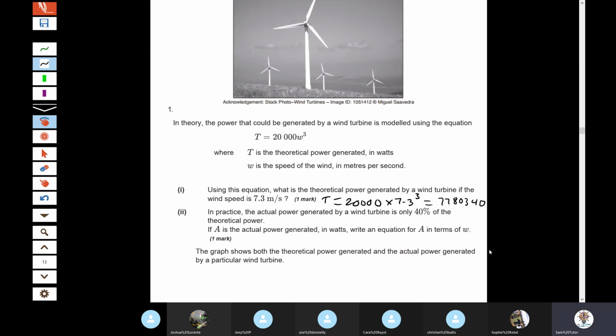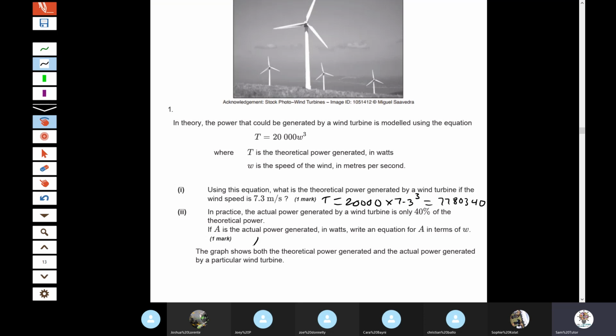In practice, though, the actual power generated by a wind turbine is only 40% of the theoretical power. So it's only 60% efficient. Does that make sense? So 40% of it's gone. If A is the actual power generated, in watts, write an equation for A in terms of W. Well, didn't I just say it's 60% efficient?